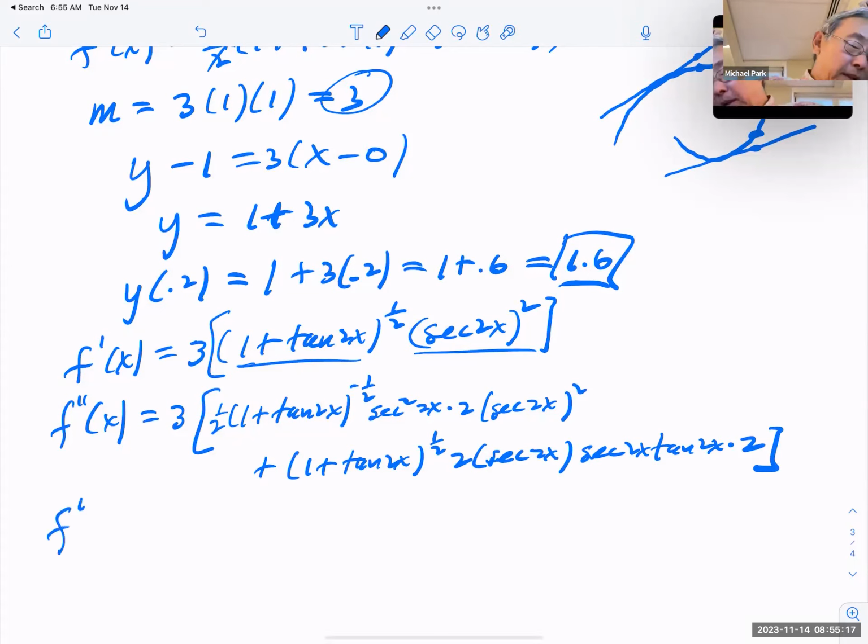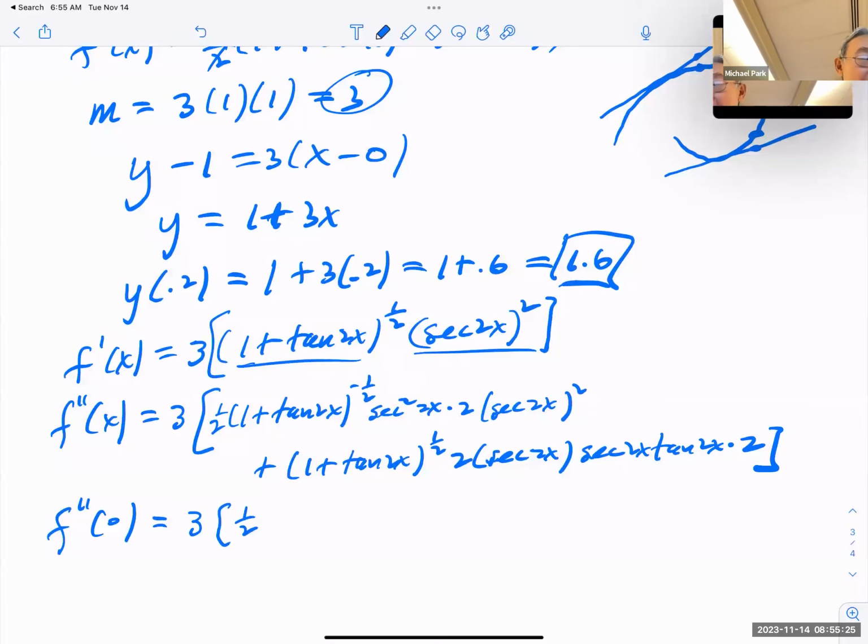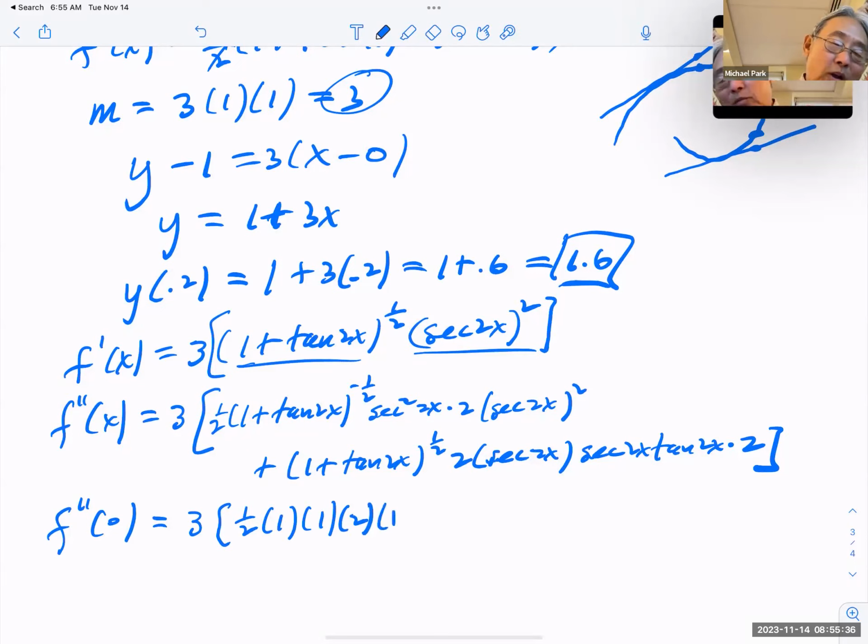Now we have to plug in 0, which shouldn't be difficult. So you're going to get 1/2. And again, tangent of 0 is 0, so that's just 1. Secant of 0 is 1 times 2. Secant of 0 is 1, so you get 1 squared, which is 1, plus 1 to the half, which is 1, times 2.